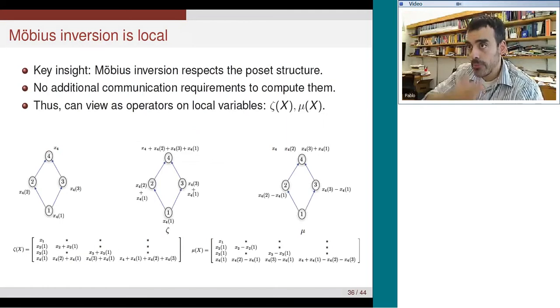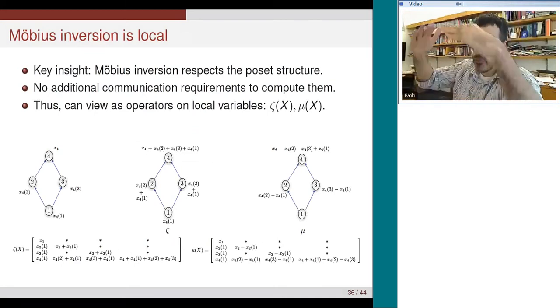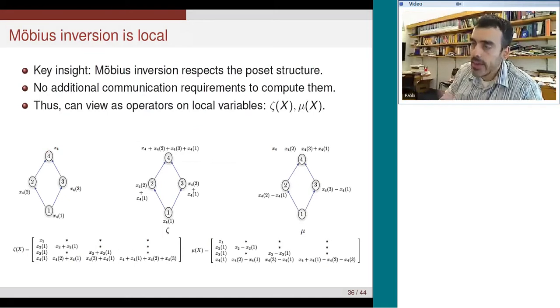And if you want to keep the running integral, what I can do is I get something from my neighbor below, I add my value, and I pass it forward. Essentially, I can do this both in the forward and the backward direction, and this will give me some kind of local operation. So both zeta and mu, they're purely local things that I can do, given the communication constraints that I have.